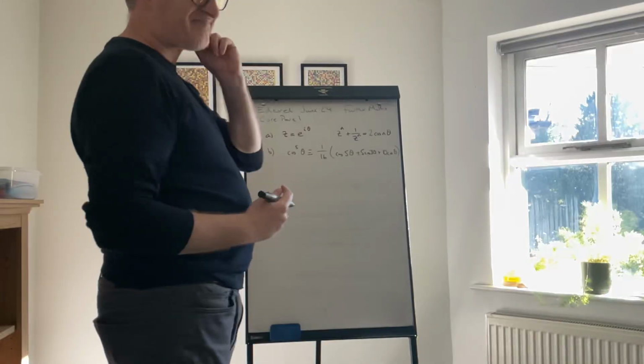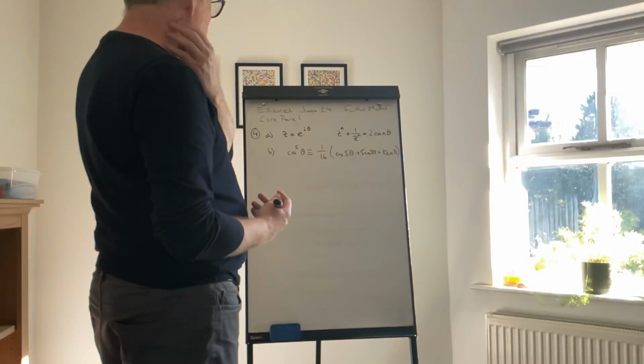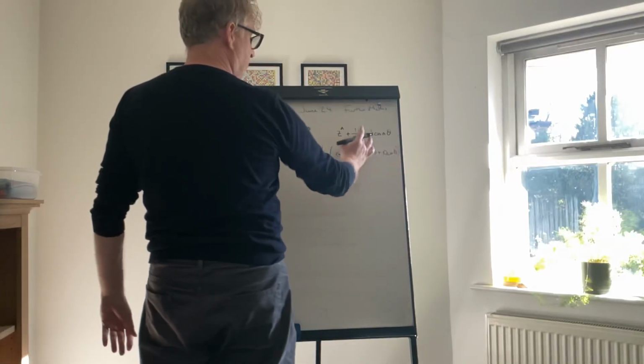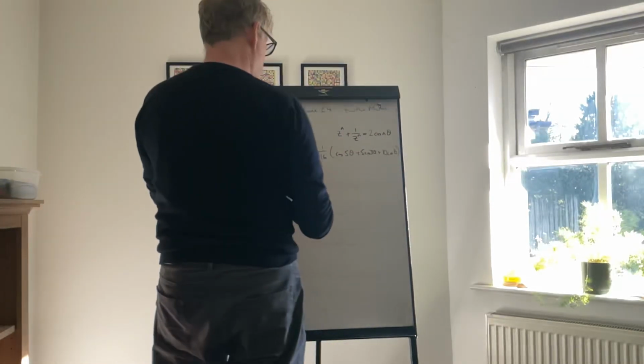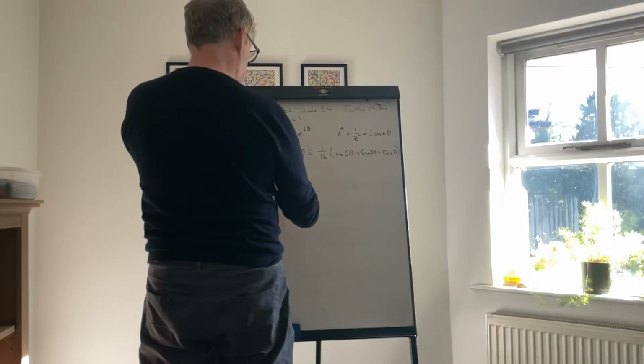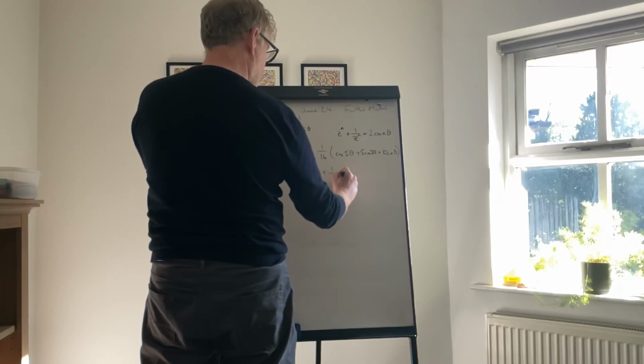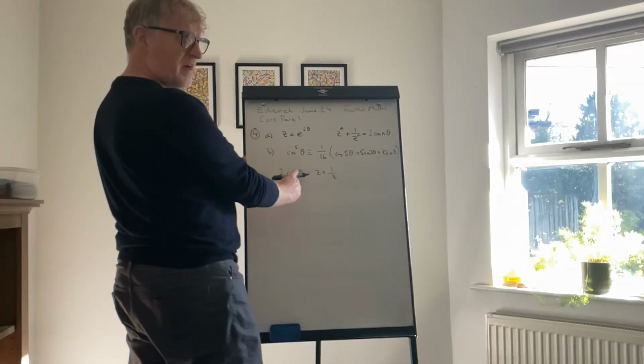The technique for this is to start off with this little expression here, and remember that from that we know 2 cos theta is just z plus 1 over z, with n being 1 there.